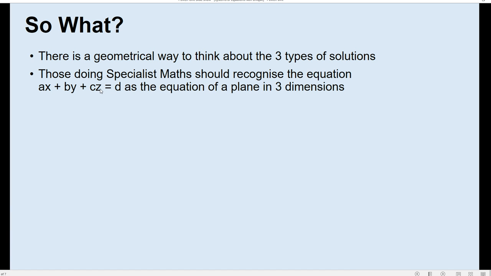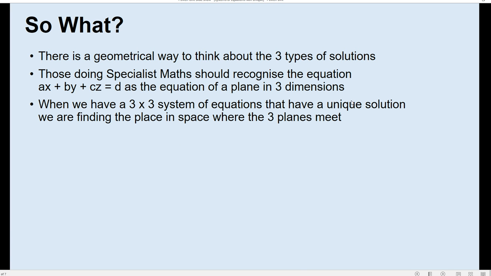We've got ax plus by plus cz equals d, and that's just the equation of a plane in 3 dimensions. So when there is a unique solution, we've got 3 equations, or 3 planes, meeting in a point.